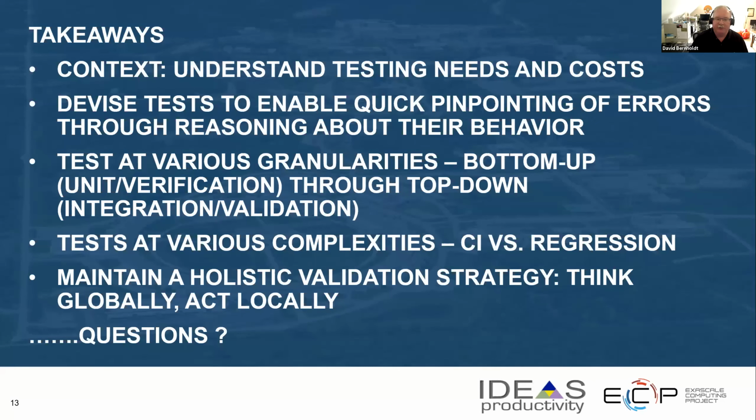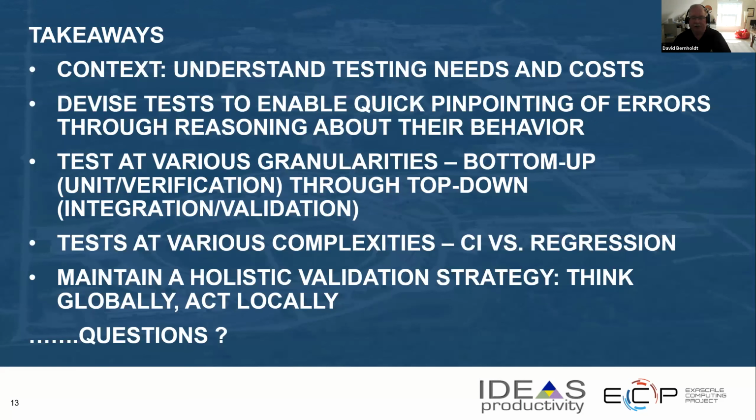So the takeaways: you want to understand the context to help understand the testing needs and the costs that are associated with it. You want to try to devise tests to enable quick pinpointing of errors, and you can build up a lot of complex tests through reasoning incrementally, or layering different capabilities and understanding how they interact.